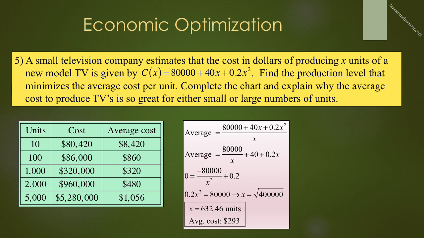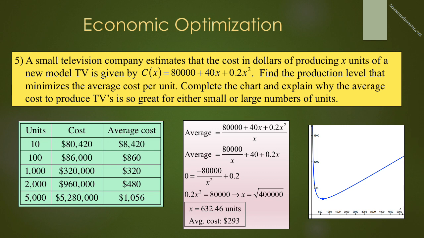Therefore, x is equal to 632.46 units, making the average cost $293. So therefore, when we make 632.46 TVs, the average cost for producing those TVs is at a minimum.